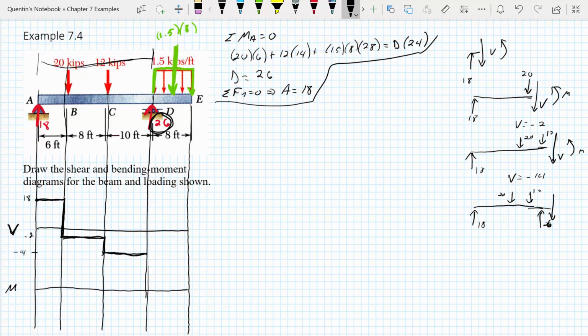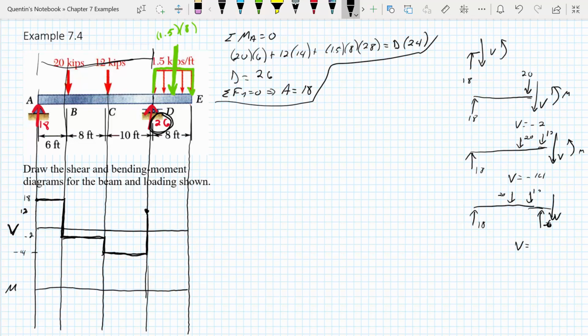So right before anything happens, you have 18 plus 26 up, 20 plus 12 down, and you end up with a net of 12 up. It goes up by 26, which is up to 12. We'll call that 12 right there.